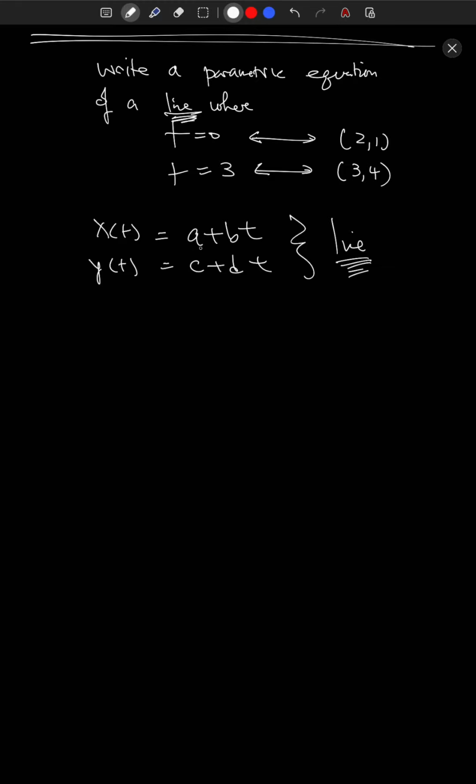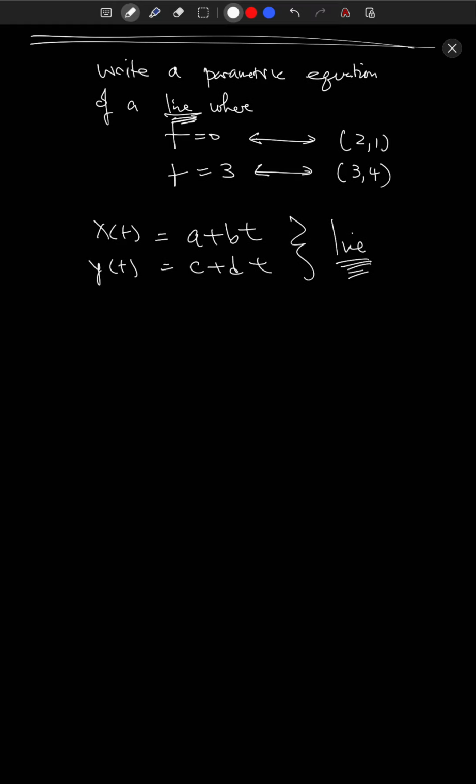Whatever a, b, c, and d are, this describes a line. So this is the generic parametric equation for lines. If you need to describe a line, you use this form. So what if we want a specific line, the line where t equals 0 corresponds to (2, 1), and t equals 3 corresponds to (3, 4)?